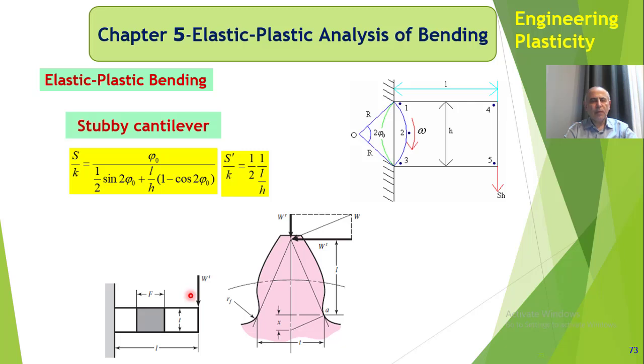Okay, it would be interesting, I think, if we use the same relationship Lewis used, but use this relationship for the collapse load, because as you can see, a tooth also is a stubby cantilever. It's not slender, it's stubby.